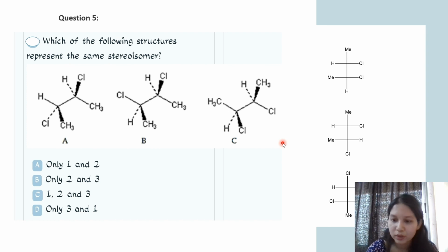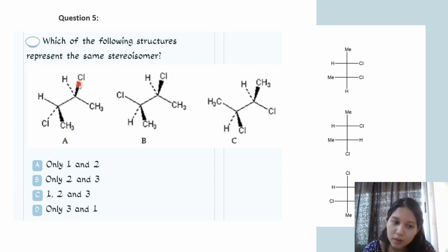whether the structures given are same or not. Okay, so let's convert the molecule given as A to its Fischer projection. For that, we have to bring those substituents to the same direction.